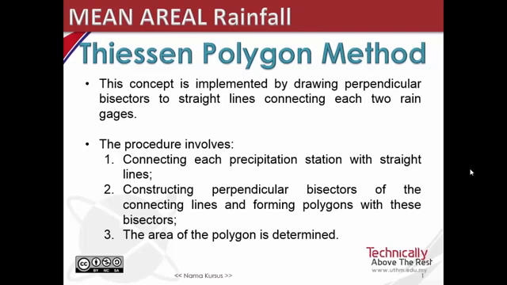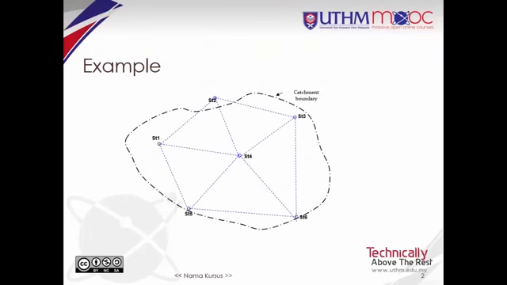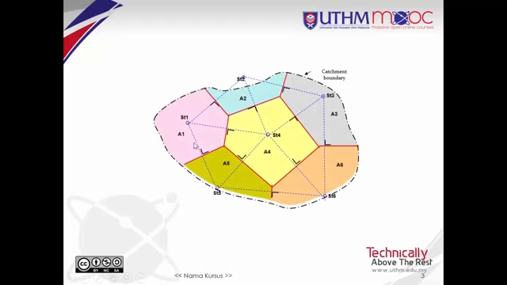The procedure involves first connecting each precipitation station with straight lines, and then constructing perpendicular bisectors of the connecting lines and forming polygons with these bisectors. These are the polygons formed here.